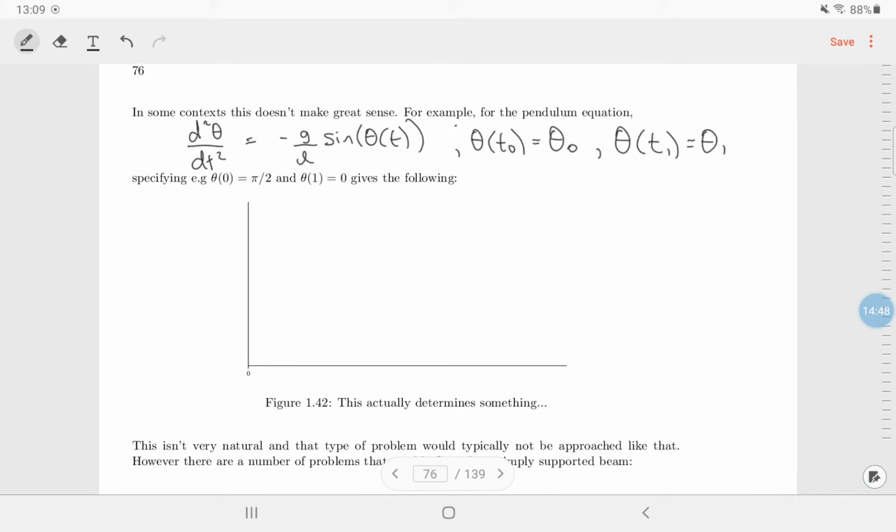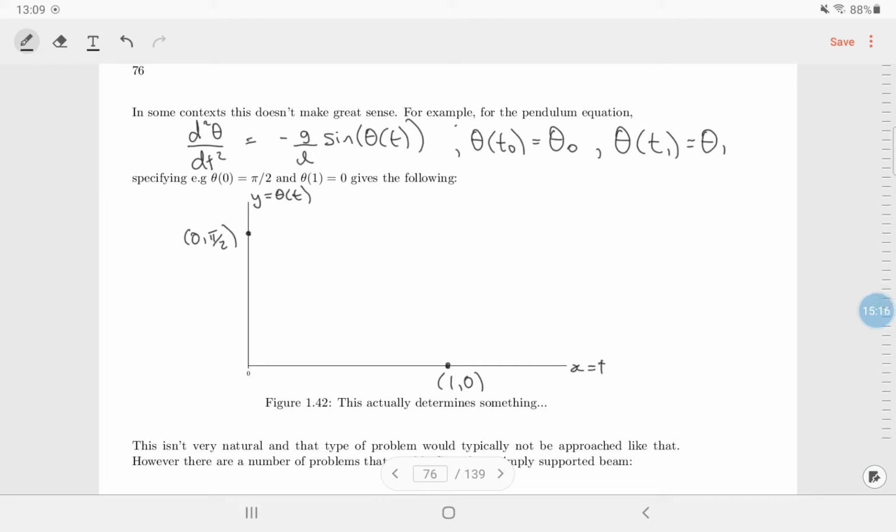So for example, suppose you want the initial angle to be pi over 2. So this is y equal to theta of t, x is equal to t. So this is the initial point, 0, pi over 2. And then after 1 second, I want displacement to be 0. So the story is, how can you make that happen?